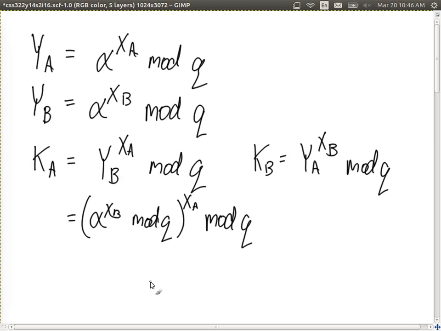And our properties of modular arithmetic, remember, in the simple case, 10 mod 8 equals what? 10 mod 8 equals 2.